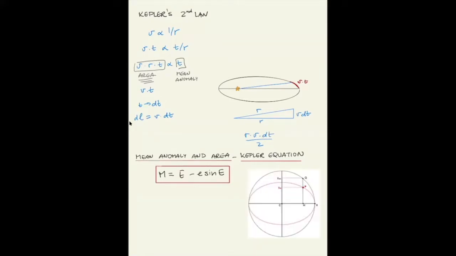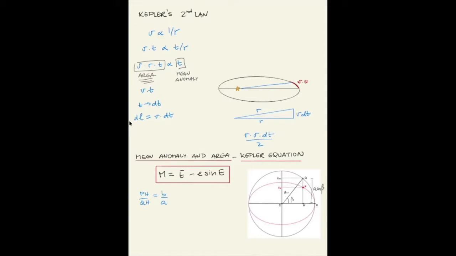Now consider this figure. The main insight is that pH over QH is equal to b over a. You can see that because CQ is equal to a, the semi-major axis. And this QH is equal to a times sine beta.